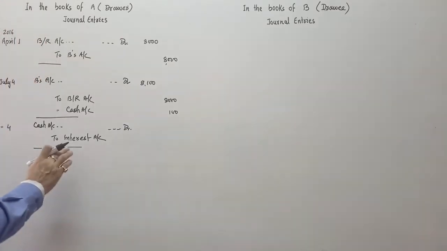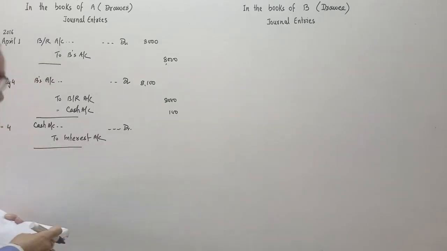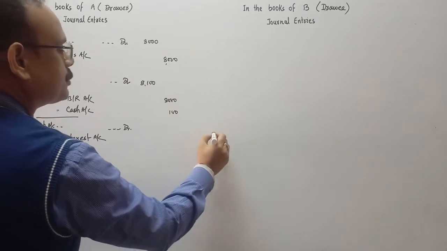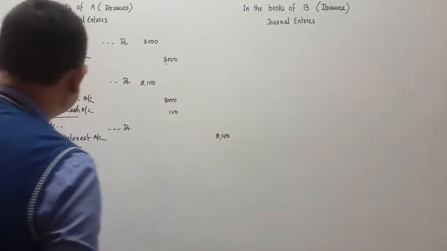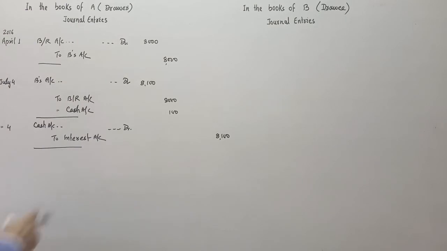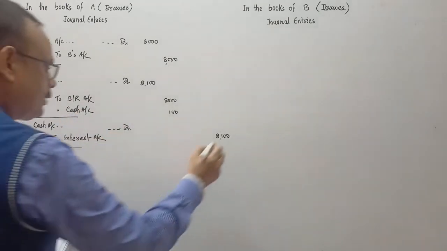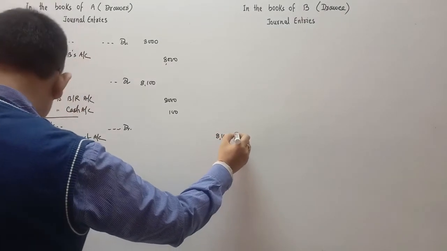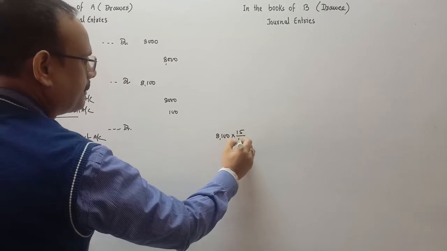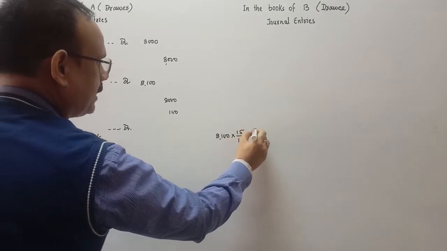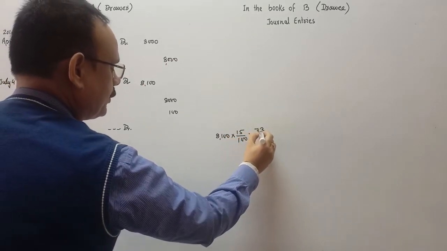So we'll calculate the interest on this amount. The amount of the bill now is 8,100 after adding the noting charges, into rate of interest 15% per annum, and the extension is for 73 days.